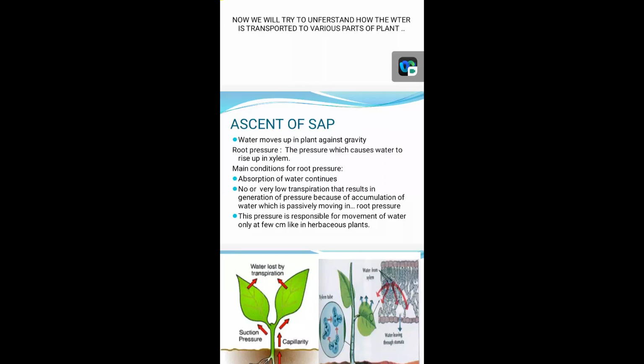So this pressure is responsible for the movement of water only for a few centimeters, like in herbaceous plants. So this root pressure is enough to pump or push the water for a few centimeters. But in trees, this root pressure is not enough to pump the water upwards. But this is helpful in herbaceous plants.